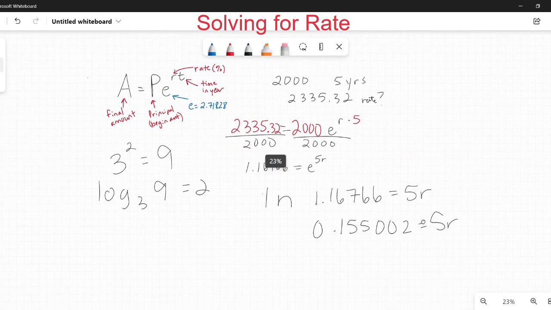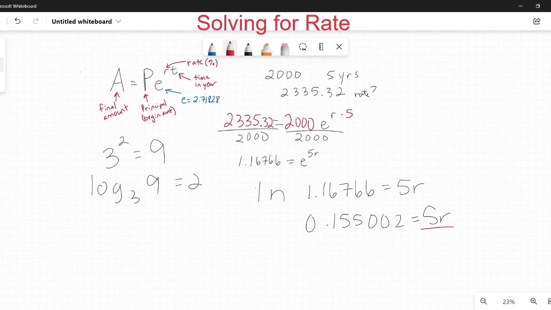So the last step is going to be dividing both sides by 5. And if I do that, I get 0.031, and then there's 0, 0, 0. So this is very solid, 0.031, which means my final answer, my interest rate, was 3.1%.